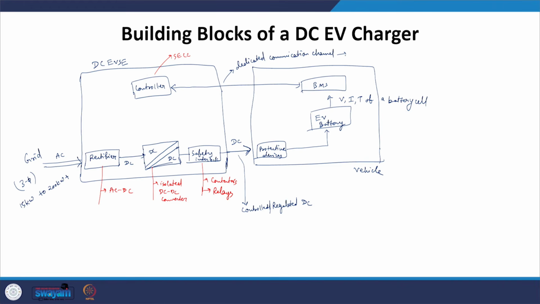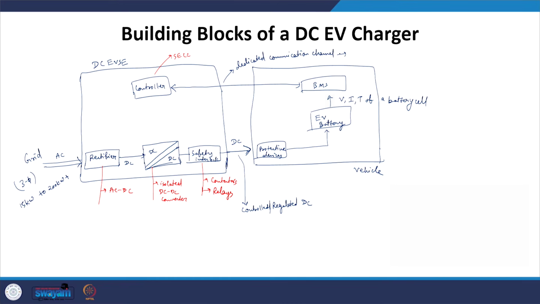And why does a lot of information need to be exchanged between the BMS and the charger controller? Because the entire power conversion is taking place inside the DC EVSE. So DC EVSE is quite a complicated system where the entire power conversion is taking place. Further, a lot of data is continuously exchanged between EV and EVSE.